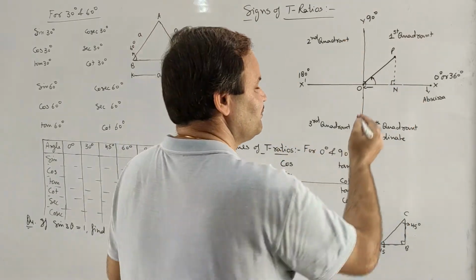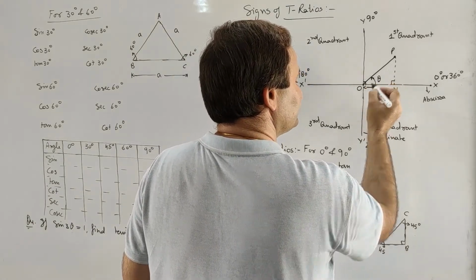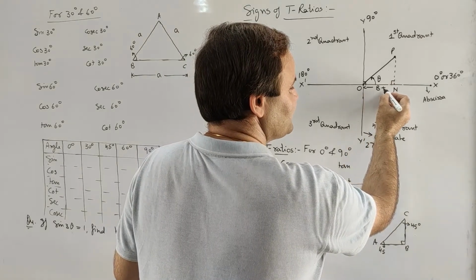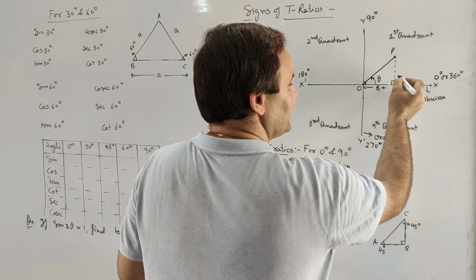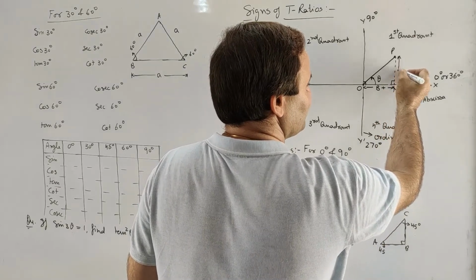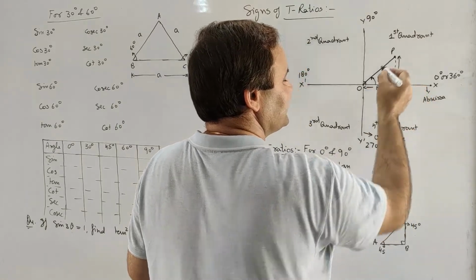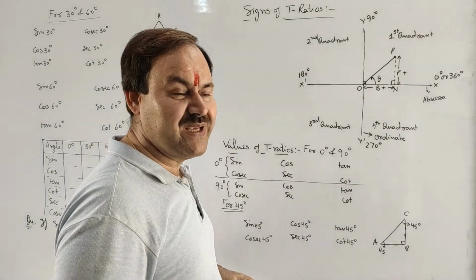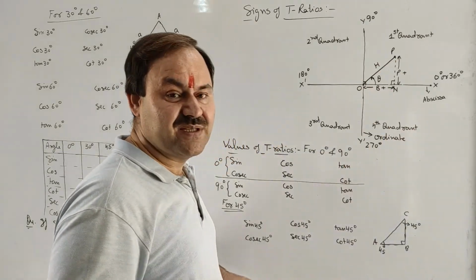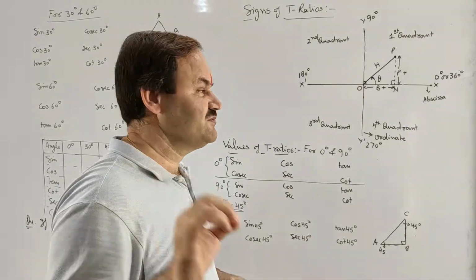Also this is the angle under consideration, so ON will be base and base will be positive. In the same way, PN being perpendicular, this will also be positive, and the length of line OP, which will always serve as hypotenuse, is to be taken as always positive.